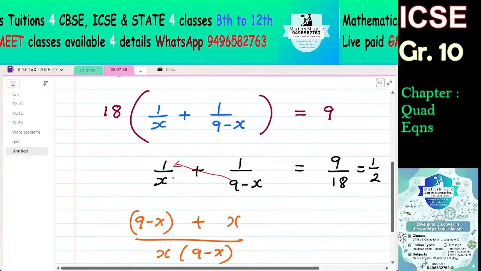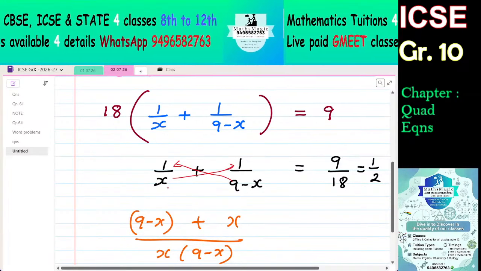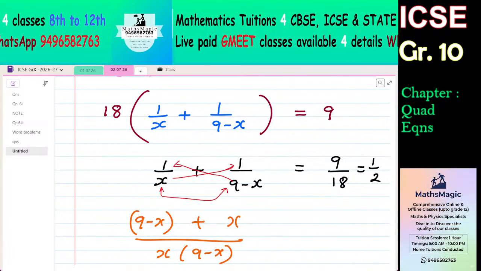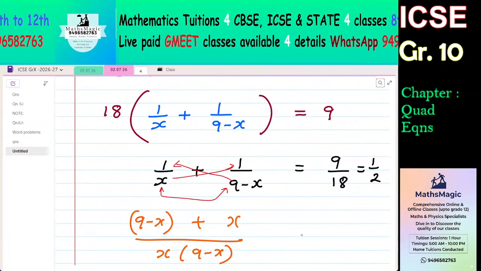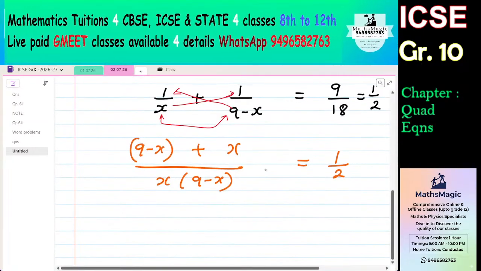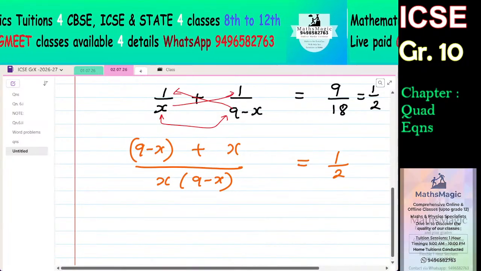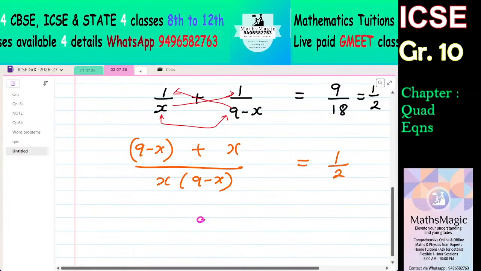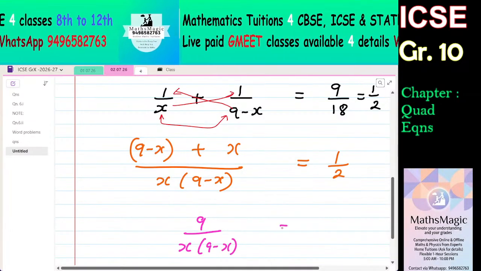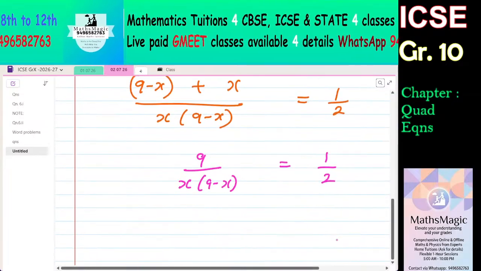This will be here and this will be here, and the LCM will be the product of these two. Don't get confused, don't forget. And now you can simplify it. 9 by x into 9 minus x equals 1 by 2.